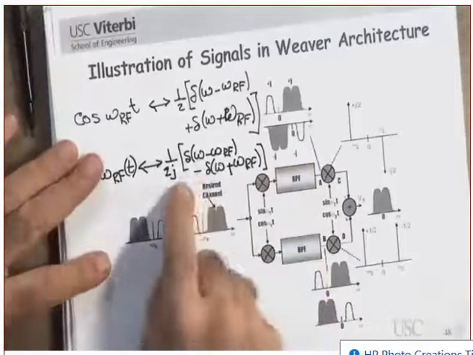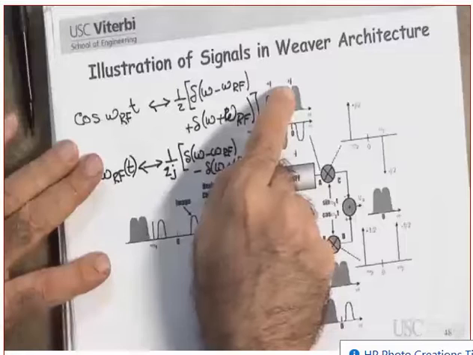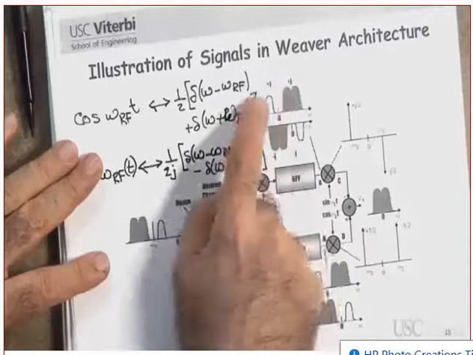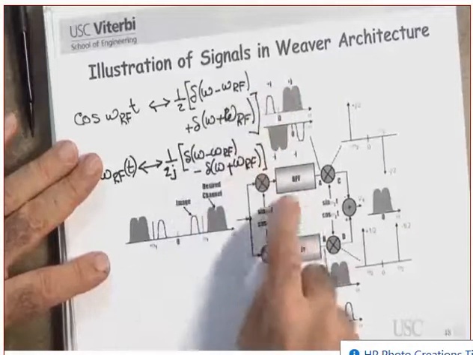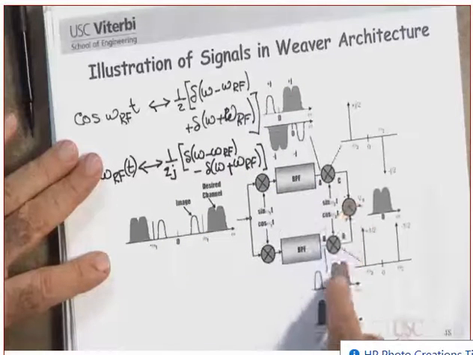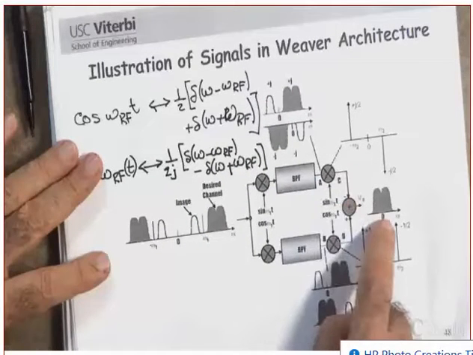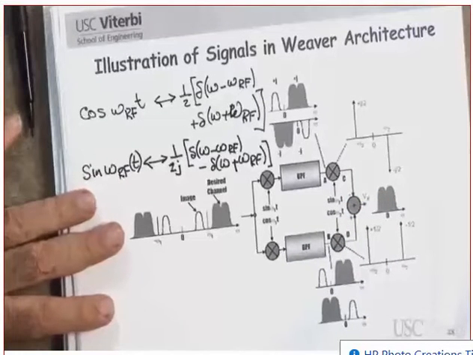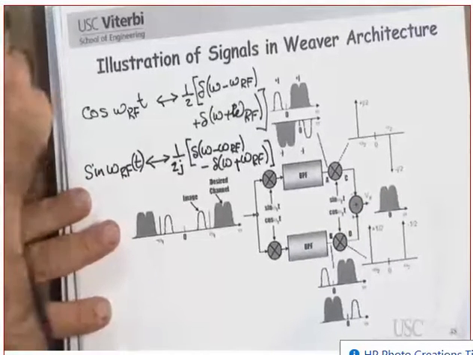Agree? Yes. So there is a j in there. That's the j. You see this j? Yes or no? And because it's minus, so it becomes like this. Agree? Yes. And then again, multiply them again. This is what you get. The image will cancel out, and you end up with just the baseband. Clear?